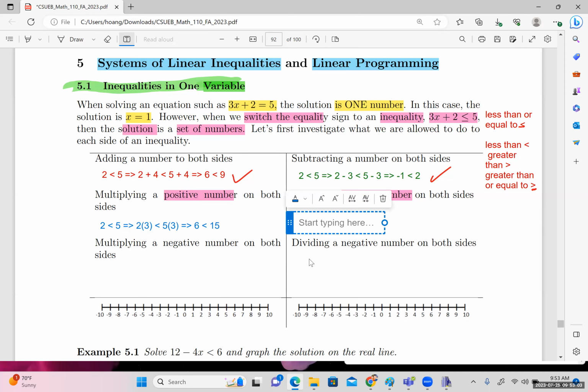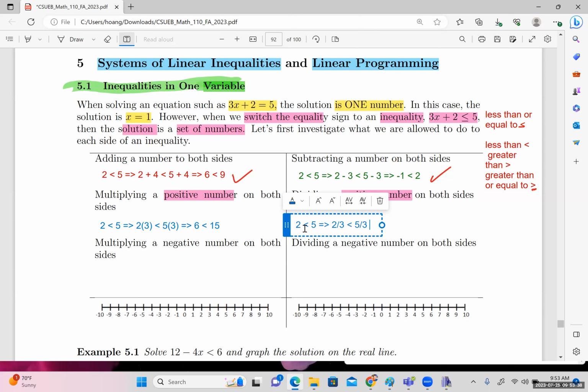And what about dividing by a positive number on both sides? Let's do 2 less than 5 again, and divide both sides by a positive number, maybe 3. So 2 divided by 3 is less than 5 over 3. Is that true?